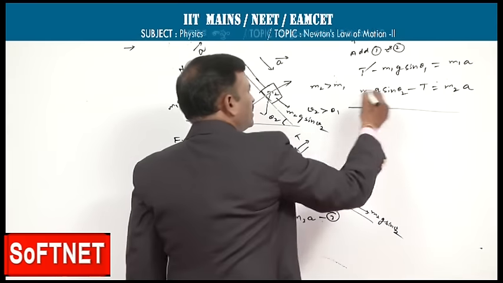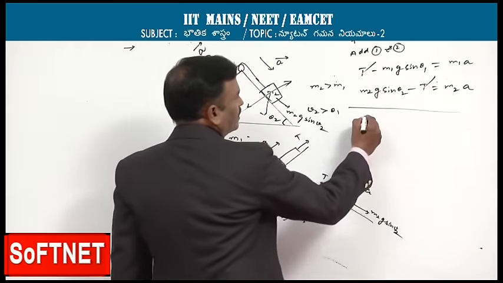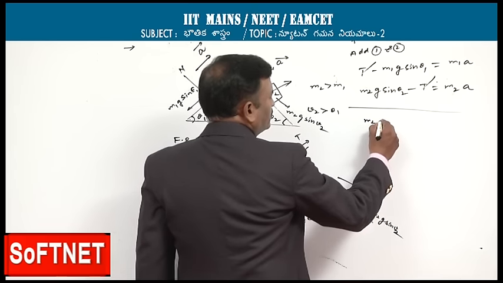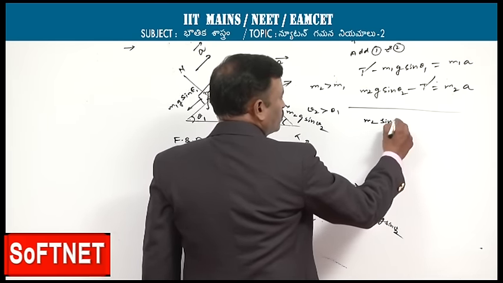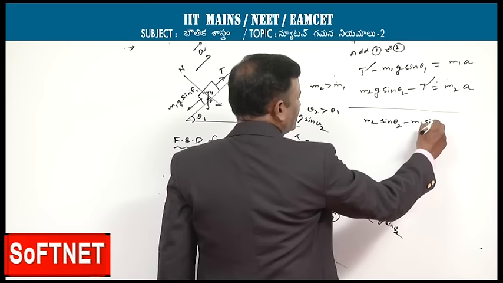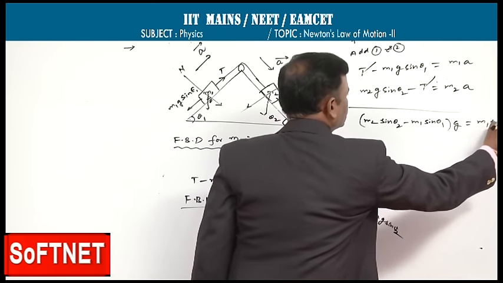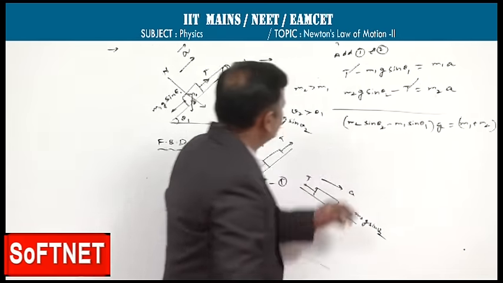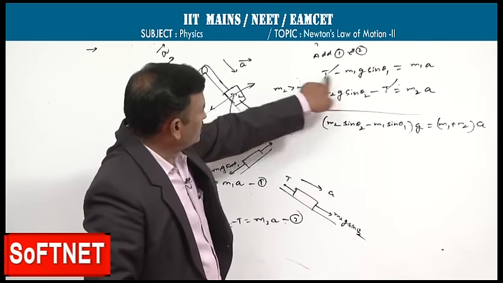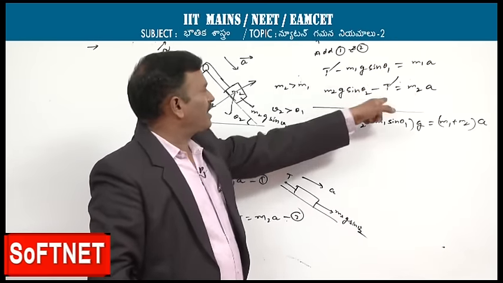By adding these two, T will get cancelled: m2 sin theta 2 minus m1 sin theta 1, into g, equals m1 plus m2 into a. As you are adding, it is a plus and this is a minus, so they get cancelled.